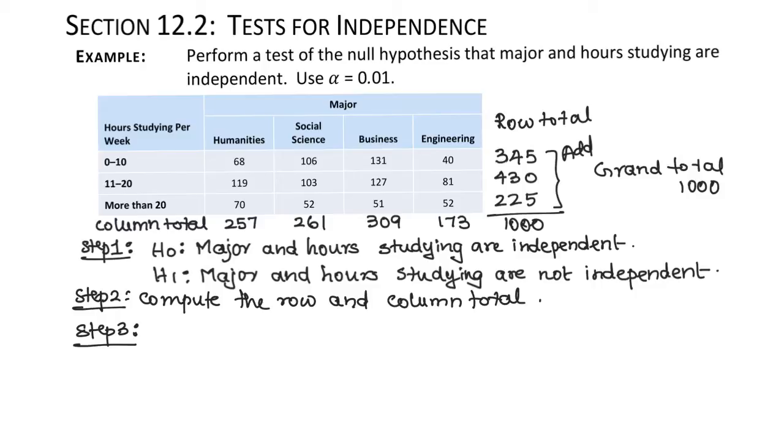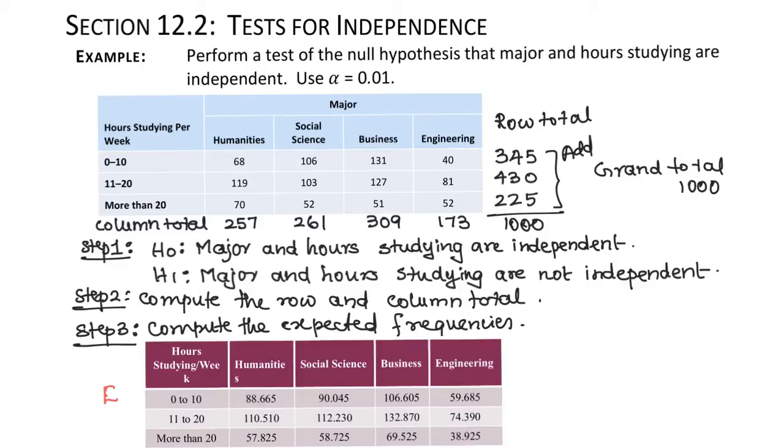And step 3 is compute the expected frequencies. So this table represents the expected frequencies. So let's look at how we got this value.